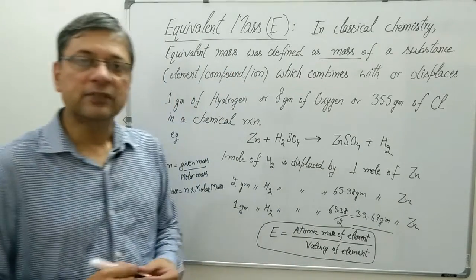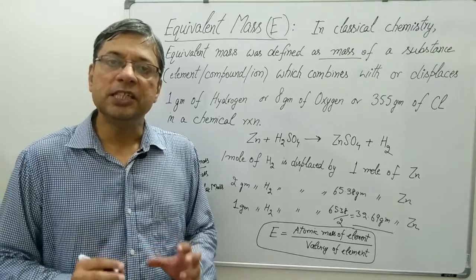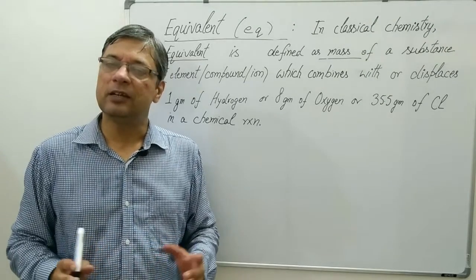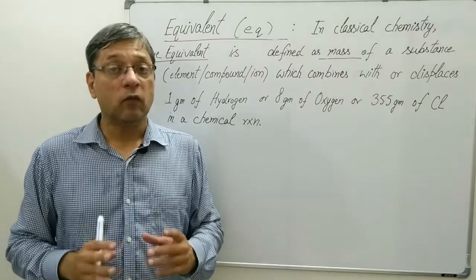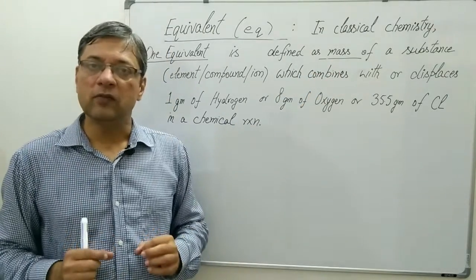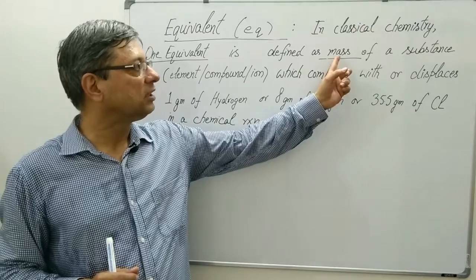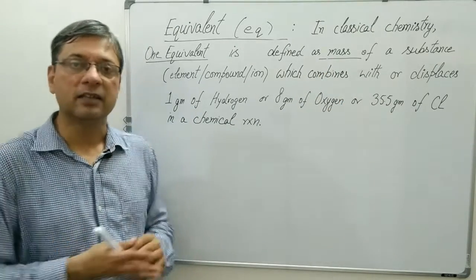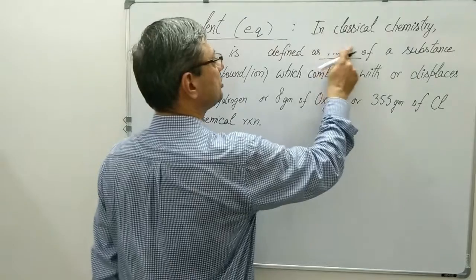Next, we will be learning about equivalent. Equivalent has definition similar to the equivalent weight. In case of equivalent mass, we have used the term mass here. We will replace this term by another term, that is amount.